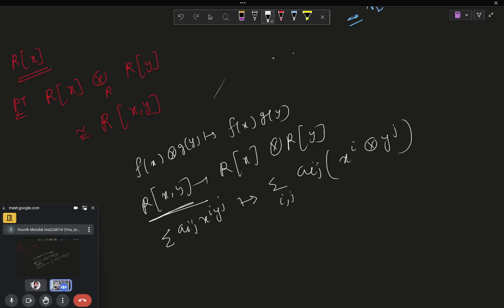So this is the map in the reverse direction. Now you can check that these two maps are inverses of each other. I'm not checking it, but I hope you can do it as well. You understand the point?